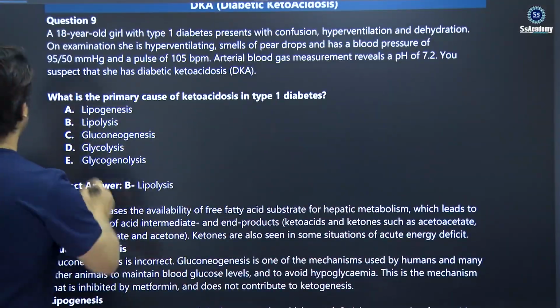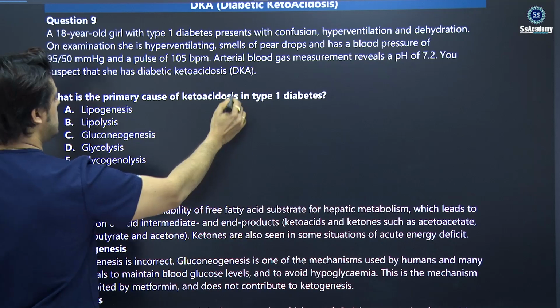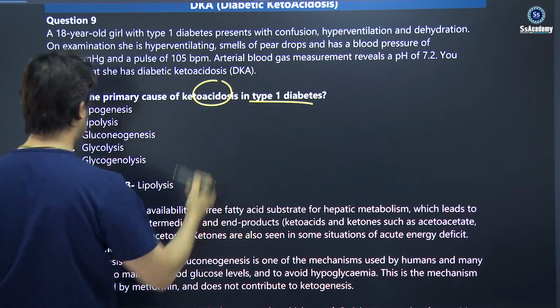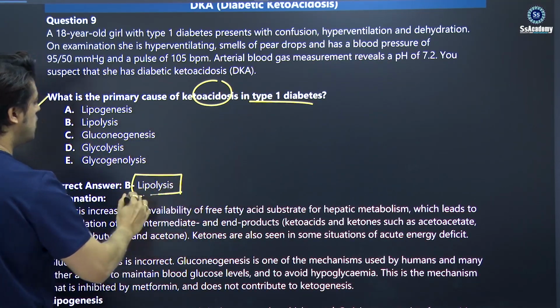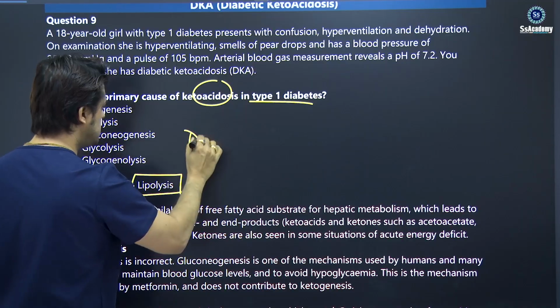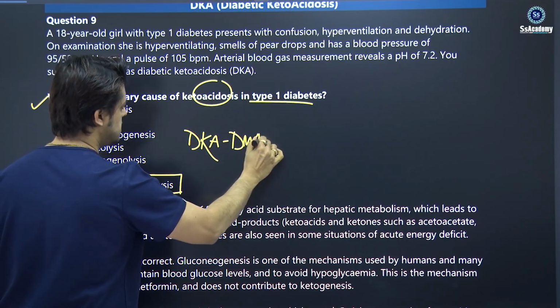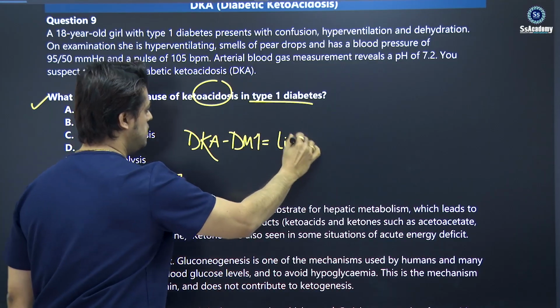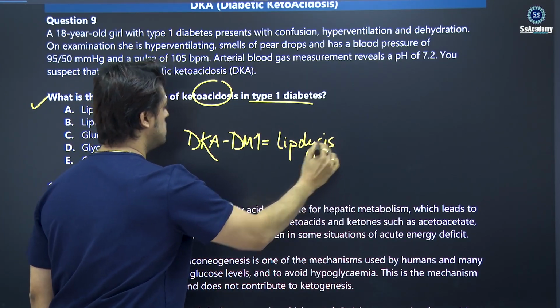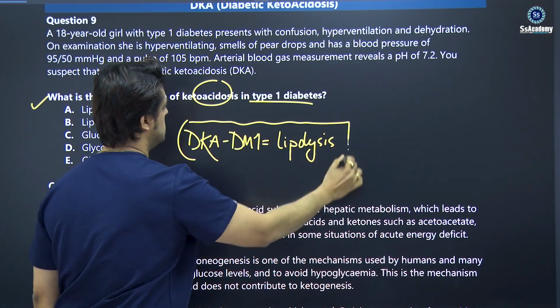Now question number 9, what is the primary cause of ketoacidosis in type 1 diabetes? The main cause is lipolysis. So you can write down DKA in type 1 diabetes equals lipolysis. Make a box, lipolysis.